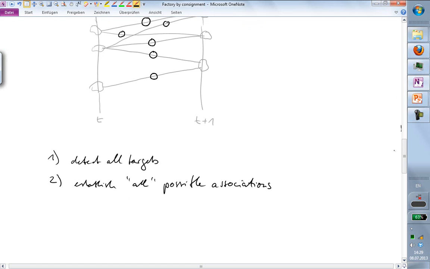And I will say that these are random variables which can either be 0 or 1, where 1 means I believe that this is the correct association, and 0 means I do not believe this is a true association. So I associate a binary random variable. Now I have a sentence with 2 associations.